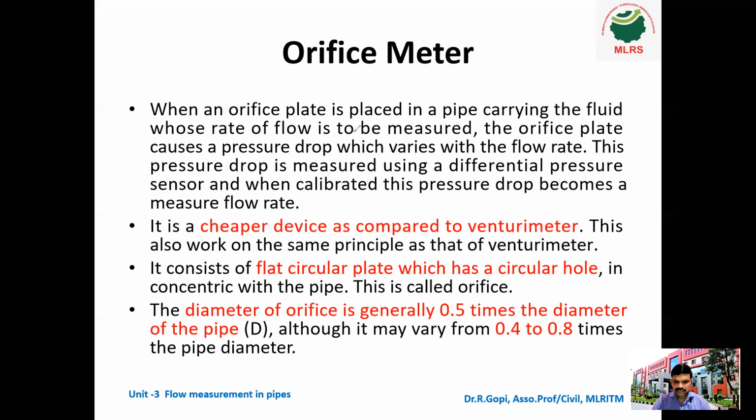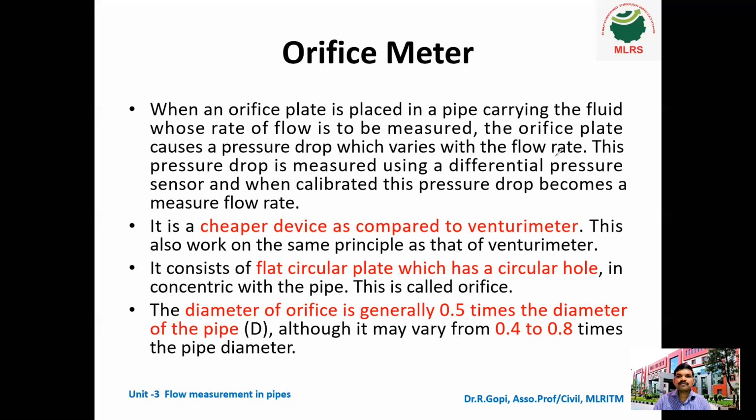Initially water is flowing in a larger diameter pipe. While entering the orifice plate, the flow of water in the orifice diameter is very small, nearly half of the diameter of the inlet pipe. So what happens? There will be a pressure drop.